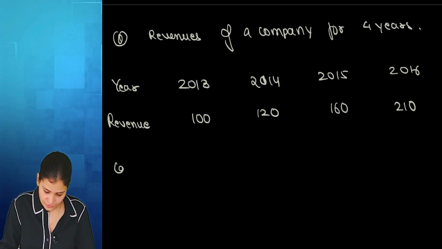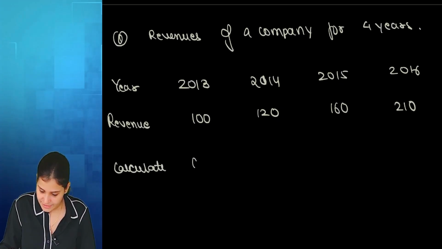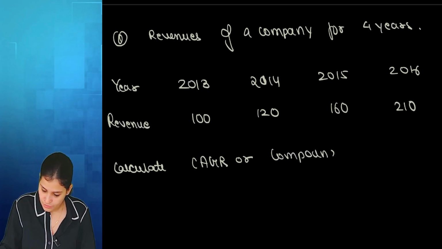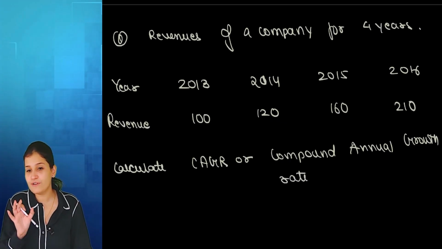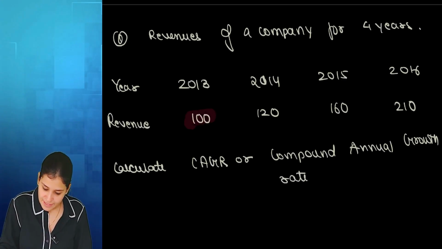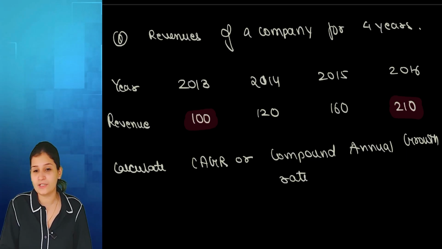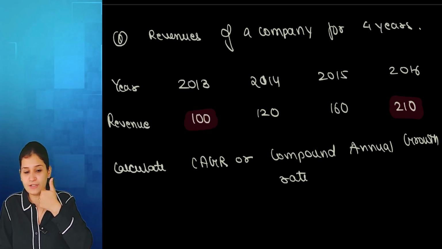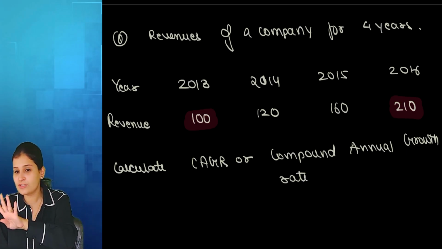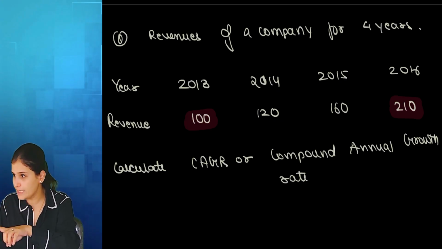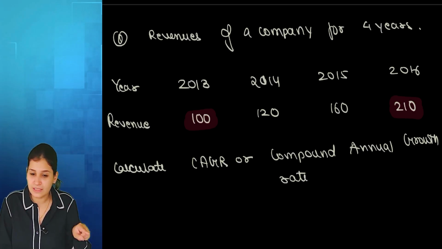What we want to find out is the CAGR, or compound annual growth rate. Basically, we want to find a rate which increases my 100 rupees to 210 rupees in a period of how many years? 13 to 14 is 1, 14 to 15 is 2, 15 to 16 is 3.